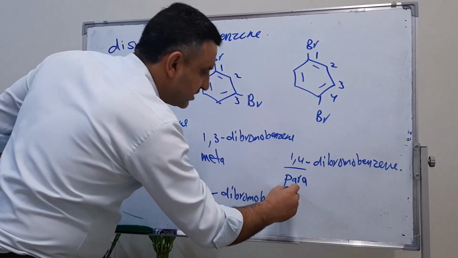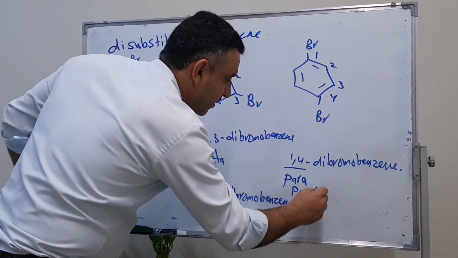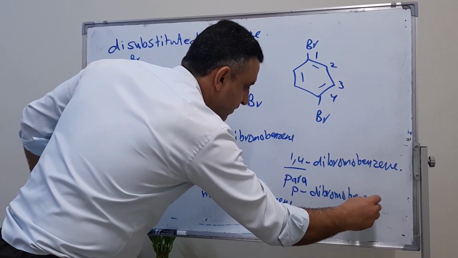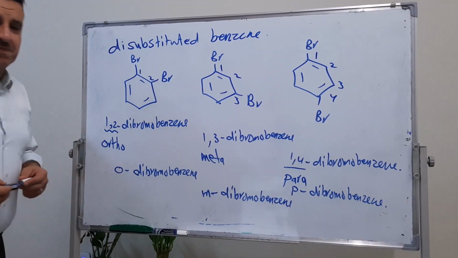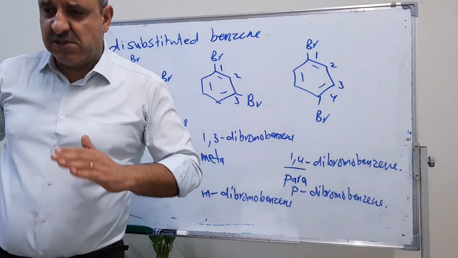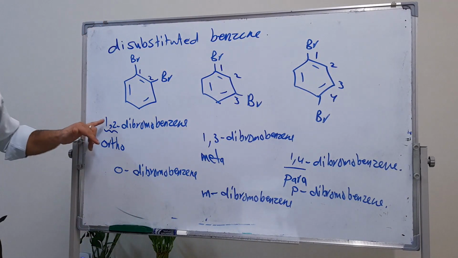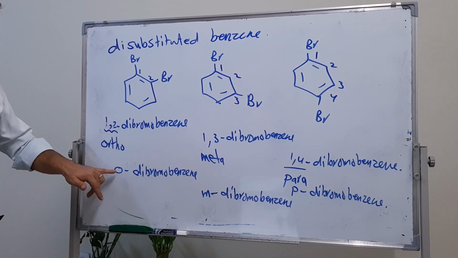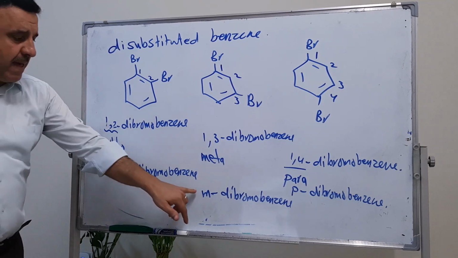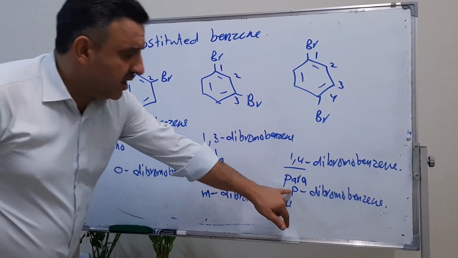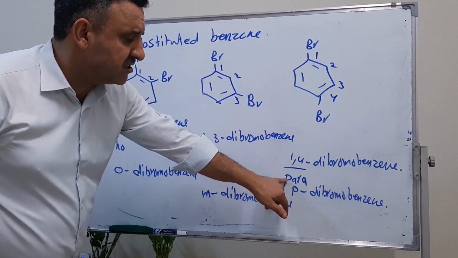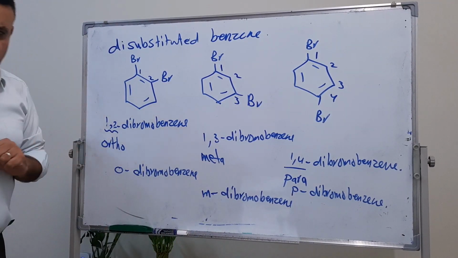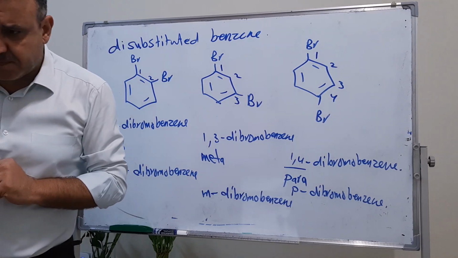In this case, we just say para dibromobenzene. Do you follow me? In the case of benzene, when we have two substituents, we either use the numbers to designate the location of the substituents, or we use just O for 1, 2, M for 1, 3, P for 1, 4. P stands for para, M stands for meta, O stands for ortho. Is that clear?